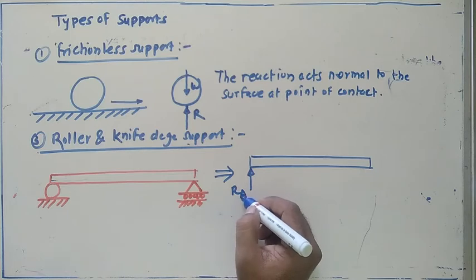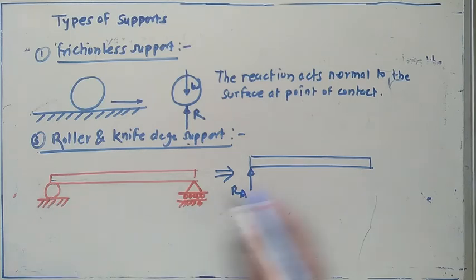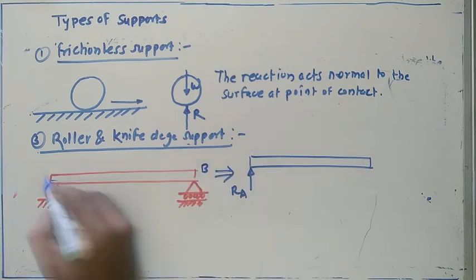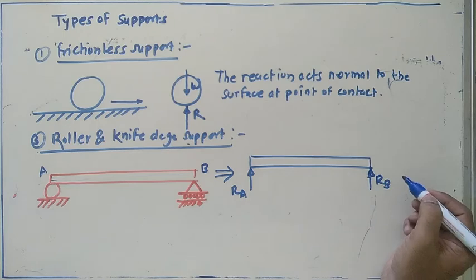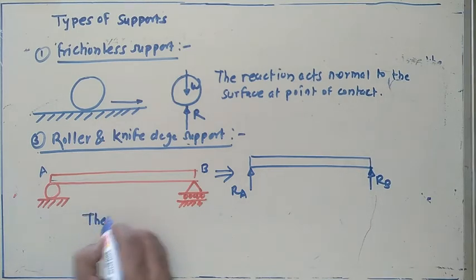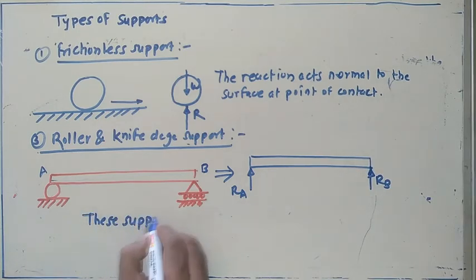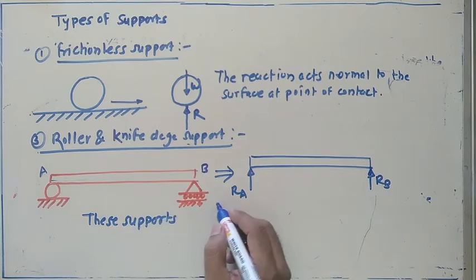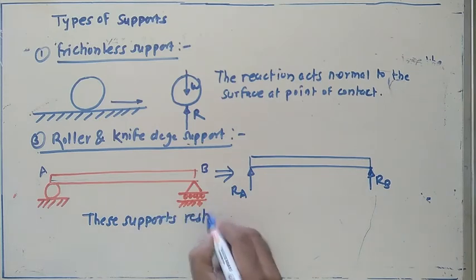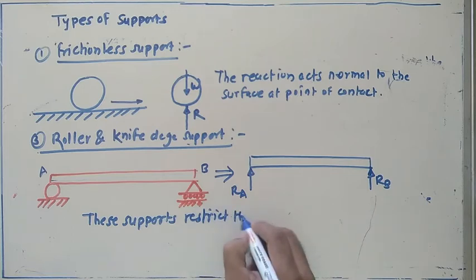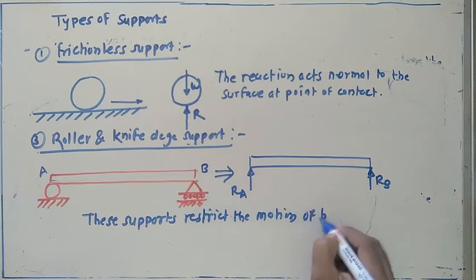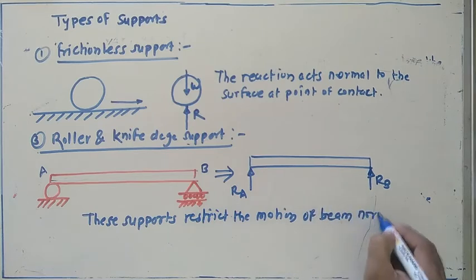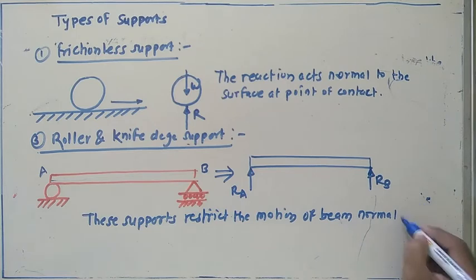RA indicates the reaction at this spot, and if I consider point A here and point B here, this indicates the reaction at that point. The support restricts the motion normal to the surface.